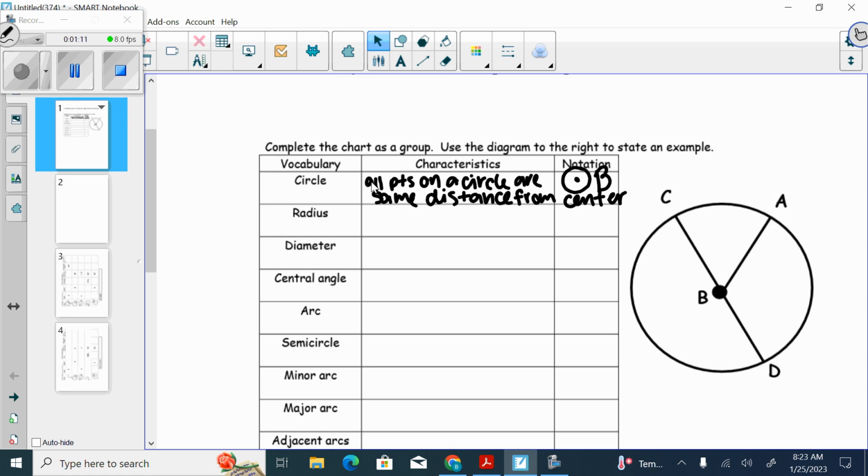Okay, next they ask us for the characteristics of a radius. What is a radius? Very good. A segment from the center to any point on the circle.